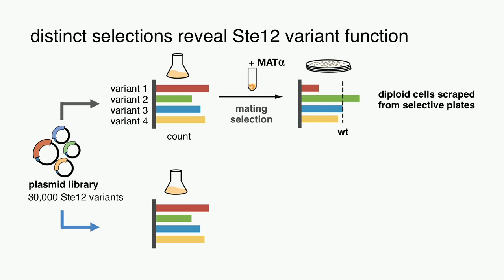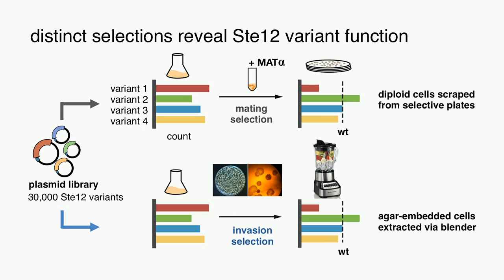So similarly, I designed a selection for invasion, which admittedly took quite a long time to optimize. And so again, I start with this input culture, and I plate these on many, many plates and let them grow a couple of days and then wash off those plates. And what you end up with, and this is kind of a zoom in, is all these colonies that have differential invasion. And so what I did next was take all of those plates, cut the agar pucks out and throw them in a blender.